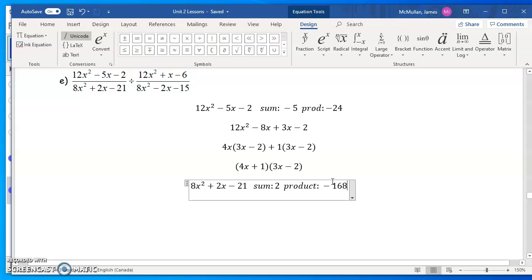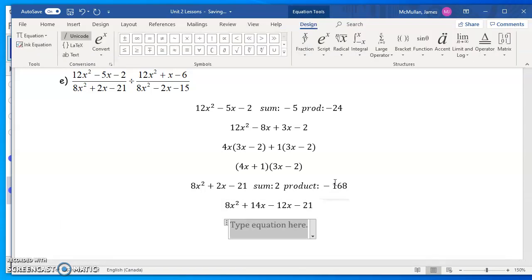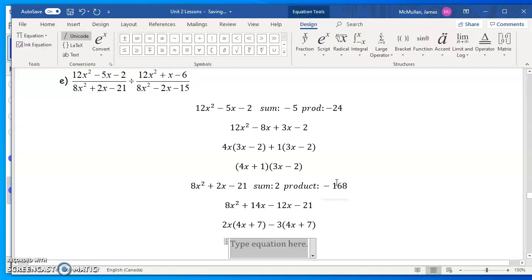I know that 13 times 13 is 169, so I'm guessing the numbers here are 12 and 14, and that the number I need, the 14, has to be bigger, and we'll see if this works. So I take out a 2x, what I'm left with is 4x plus 7. Then I take out a 3, I'm left with 4x plus 7. Again, it looks good because the brackets are the same, 2x minus 3, 4x plus 7.